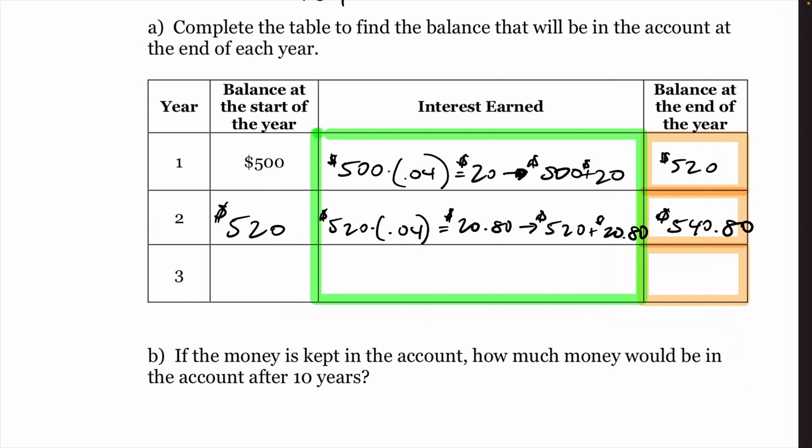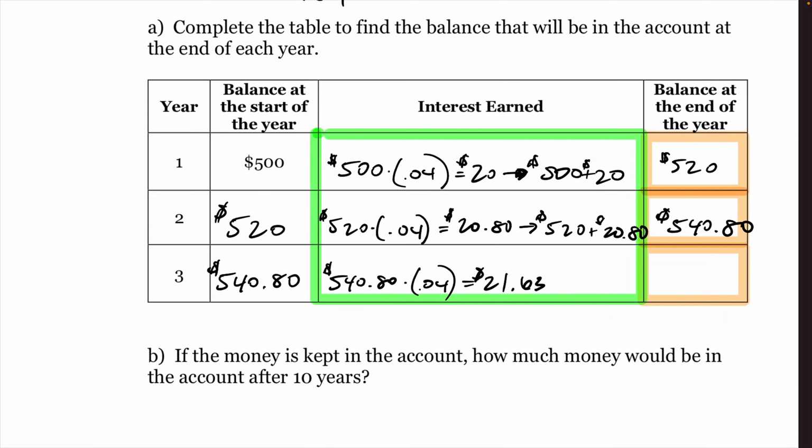After 3 years, he doesn't have $500. He doesn't have $520. He has more than that. At the start of year 3, he has $540.80. Times 0.04. How much interest would he make? $21, and I'm going to round to 63 cents.